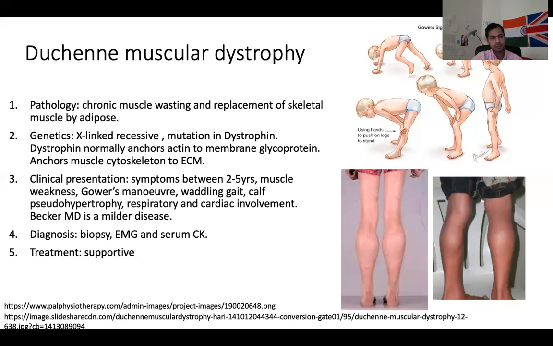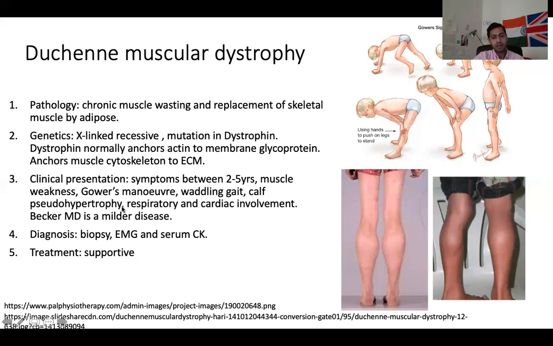There will also be muscle weakness because of this wasting. Gower's maneuver and pseudohypertrophy are probably the most distinctive features of Duchenne muscular dystrophy. A Gower's sign is when a child has to basically get on all fours to be able to get themselves up, as you can see in this image here.